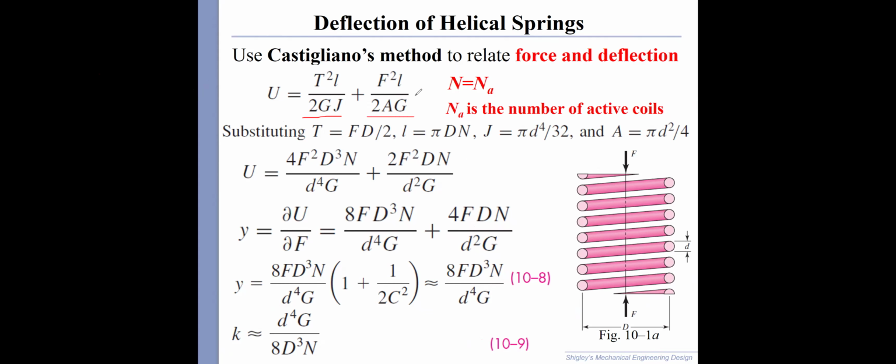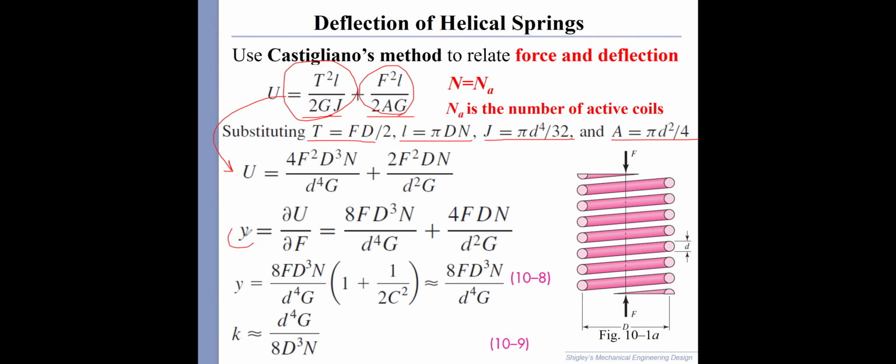We already know the energy for bending and the energy for shear. We substitute the values of the torque, length, polar moment, and cross section, and we get the total energy for the helical compression spring.